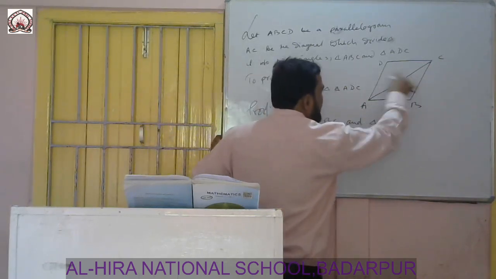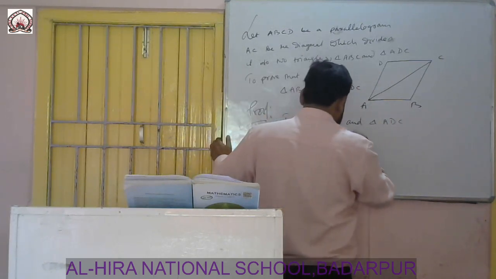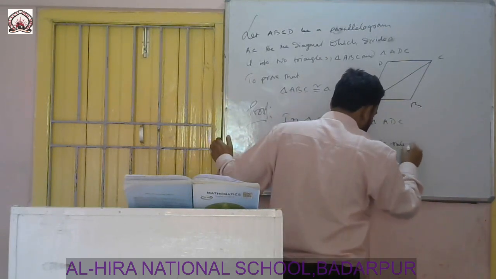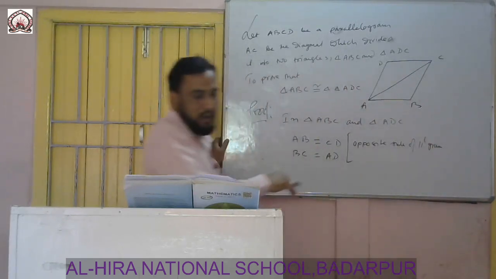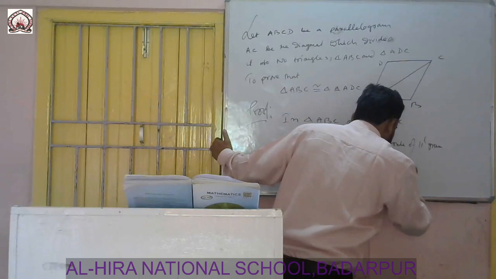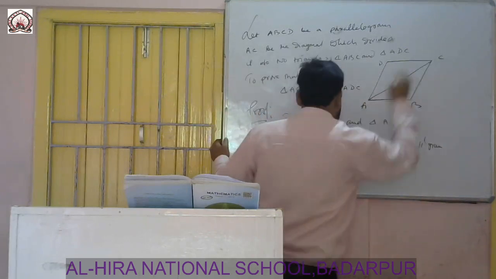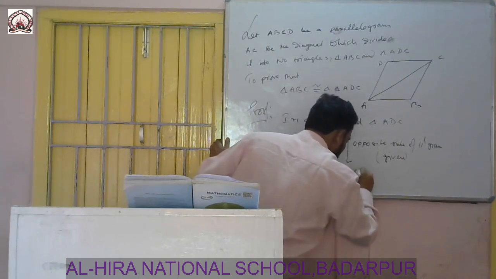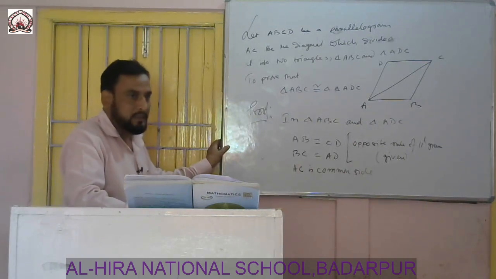Next, BC is equal to AD, as opposite sides of the parallelogram are equal, or you can say given. Next, the third one: AC is common side.